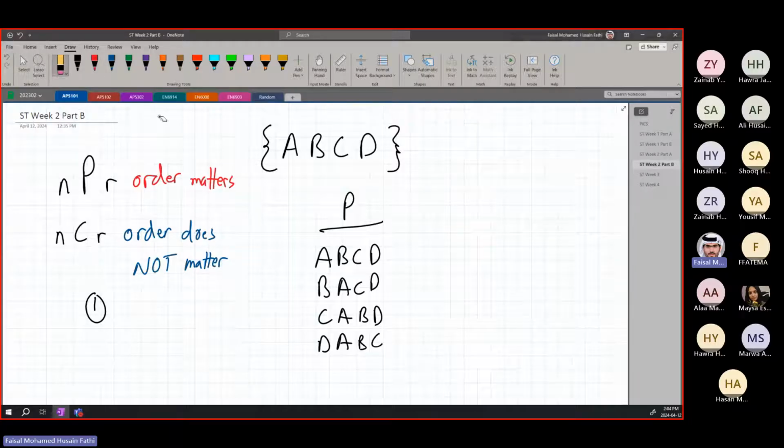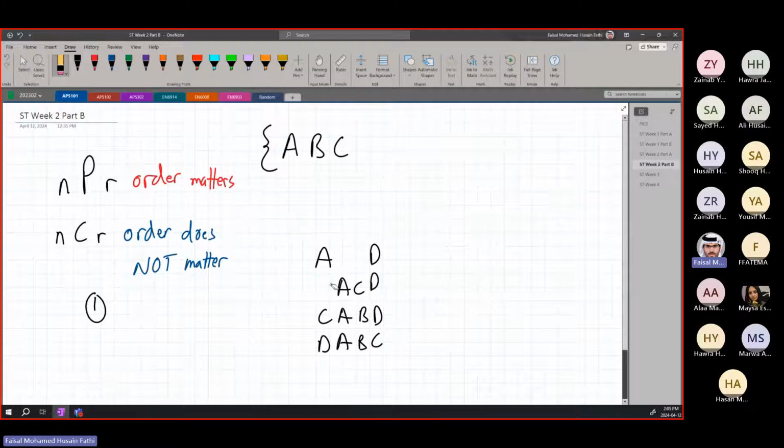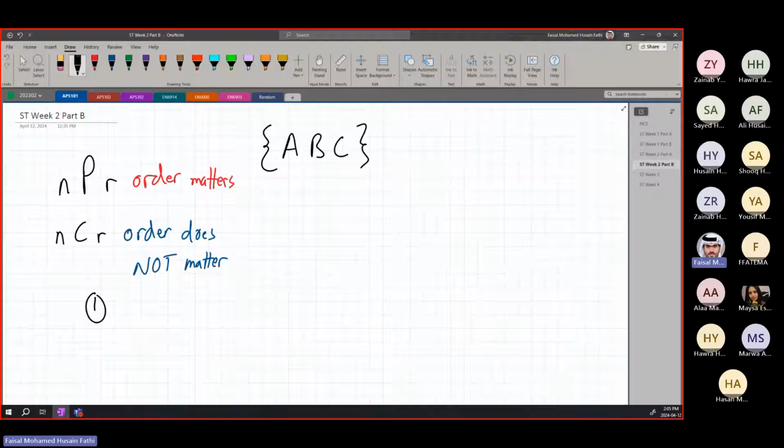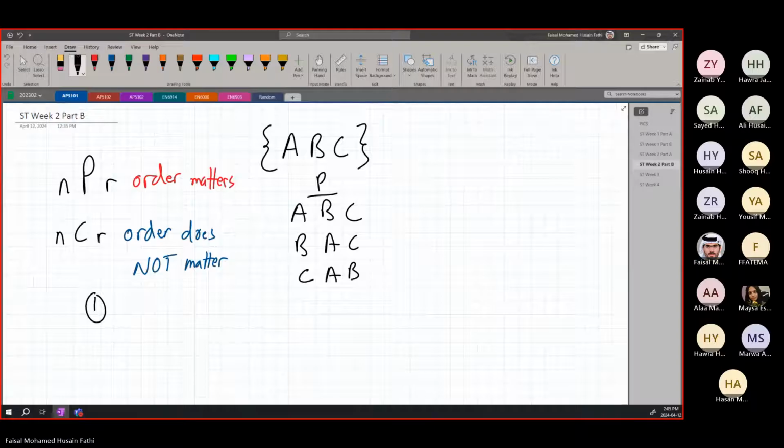Let's make the example a bit smaller so we can explain it at a smaller scale. So let's just go with ABC. This is for permutation: ABC, then we have BAC, then CAB, then BCA as well, and CBA.